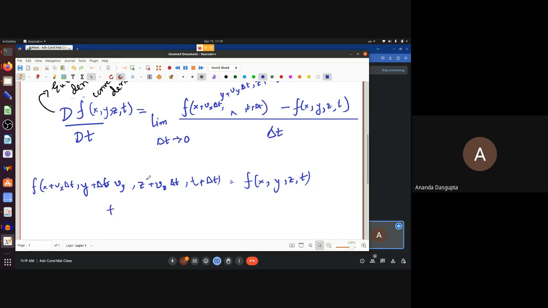The first order change in the function is simply the rate at which the function changes with each of the arguments times the change in the argument. So because t has changed by delta t, you should have del f del t delta t. But also x has changed, so you should have del f del x times the change in x, which is vx delta t, plus del f del y, vy delta t, plus del f del z, vz delta t, right?